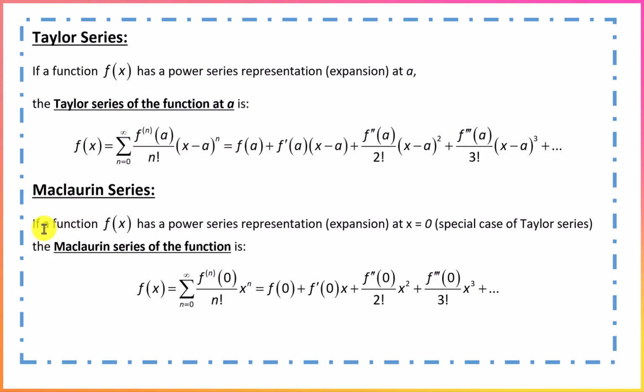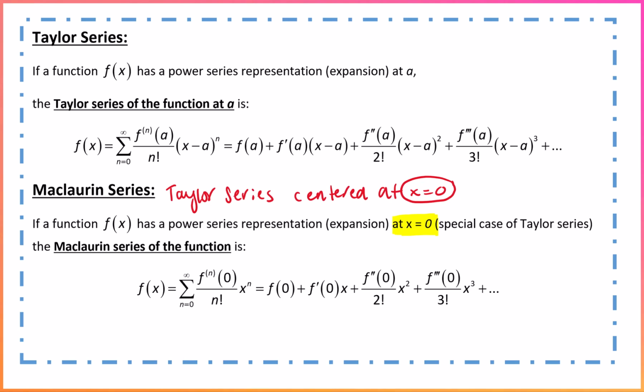The Maclaurin series is a very specific series. So the Maclaurin series is a Taylor series that is just centered at x equals 0. And because so often we look at functions centered at 0 and write their power series expansions, it gets its own little name.